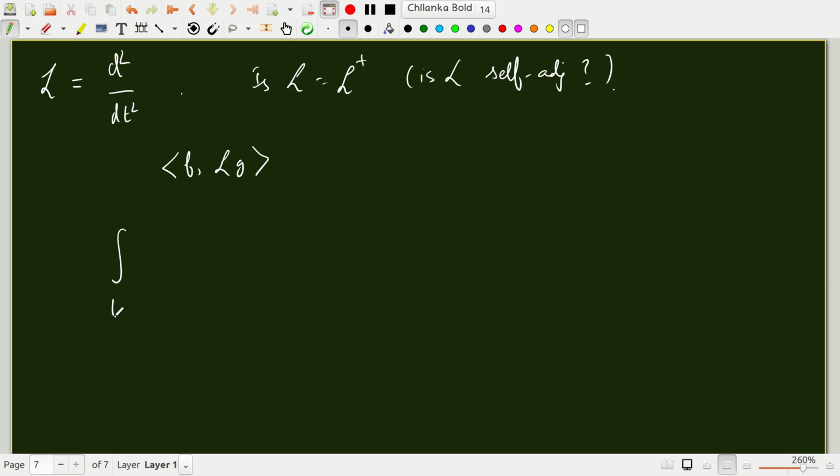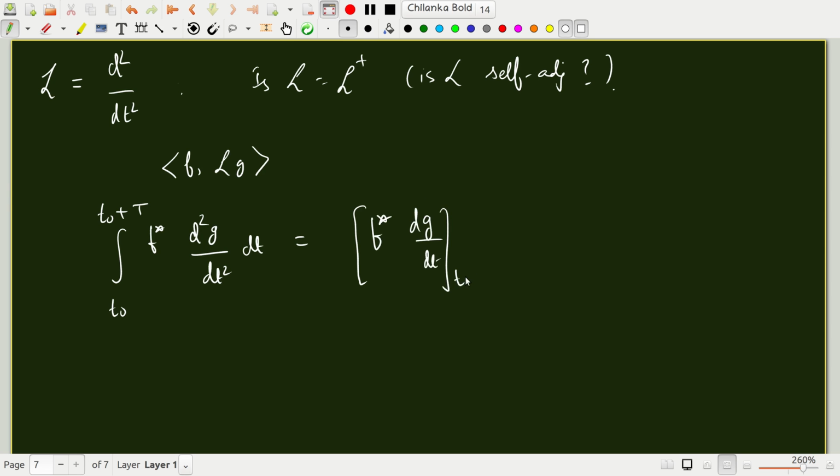This is, let's say, integral from t naught to t naught plus T of f star d squared g by dt squared dt. I integrate by parts using integral u dv is uv minus integral v du. I'll consider this as u and this as dv.